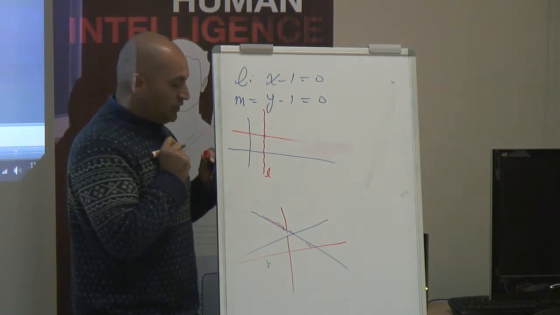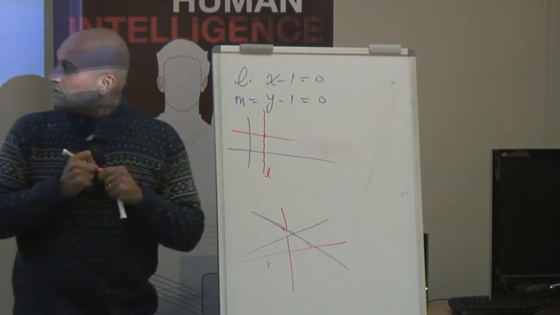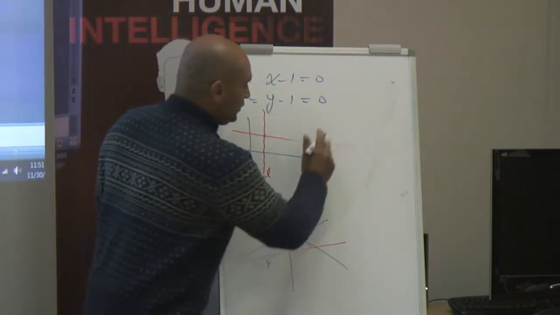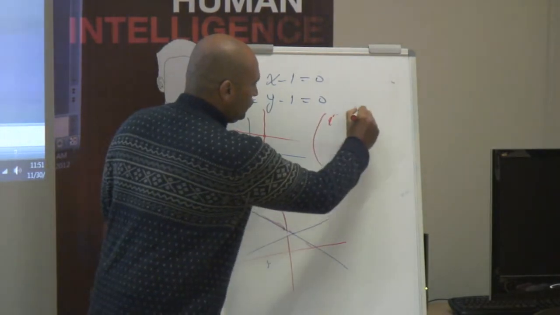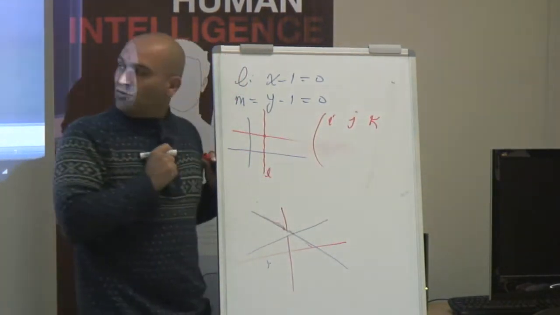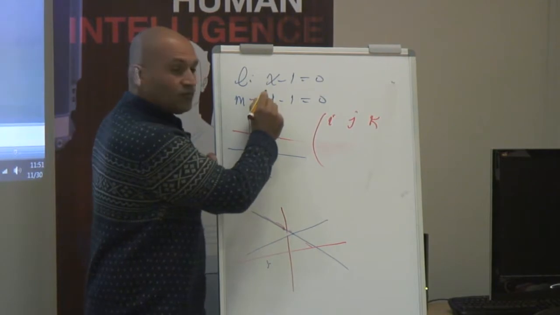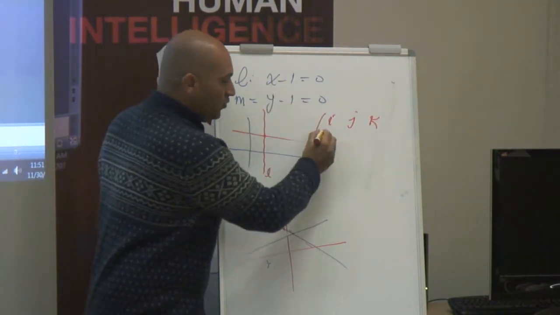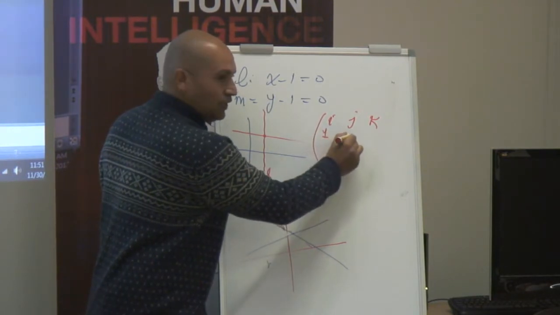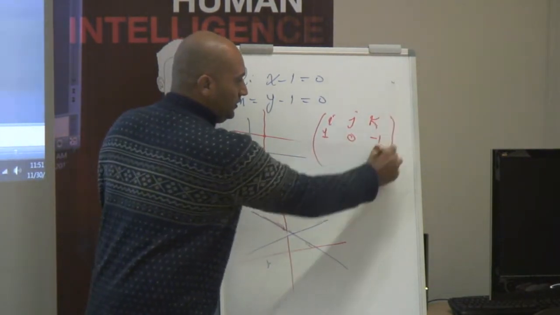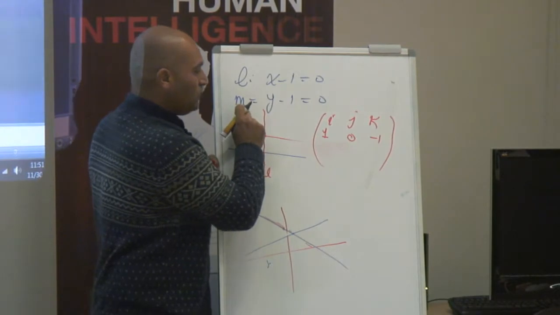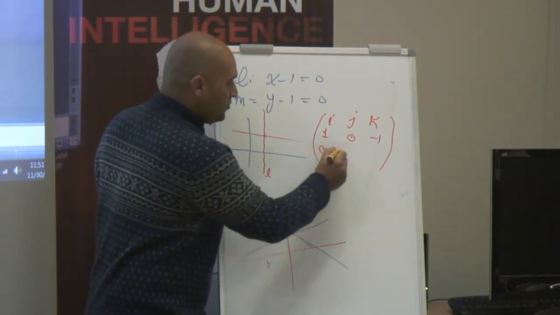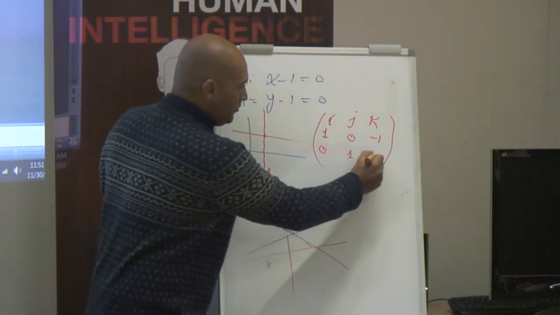So for the intersection, we take the cross product of i, j, k with the two lines. What will L be, with A, B, C? It will be 1, 0, and minus 1. And the second one, M, will be 0, 1, minus 1.